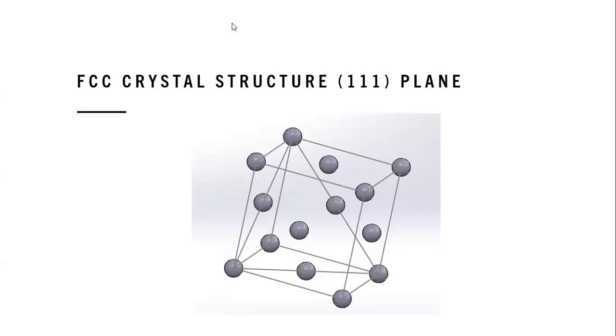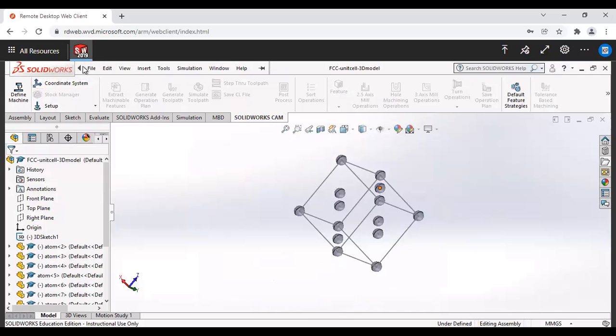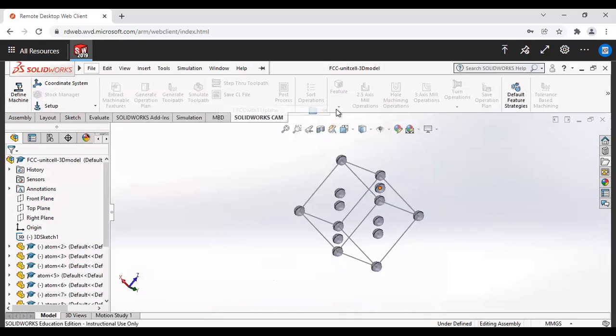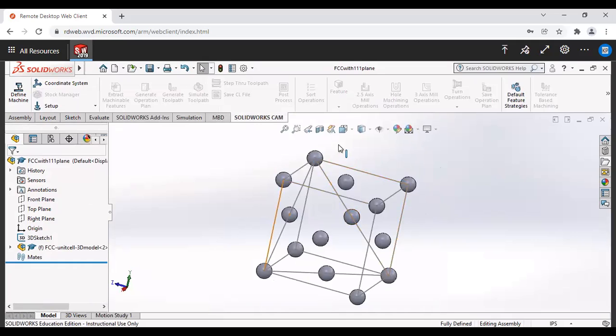So this is our crystal structure. We can look at this in more detail here. We can see our FCC crystal structure and also the plane, the 111 plane.